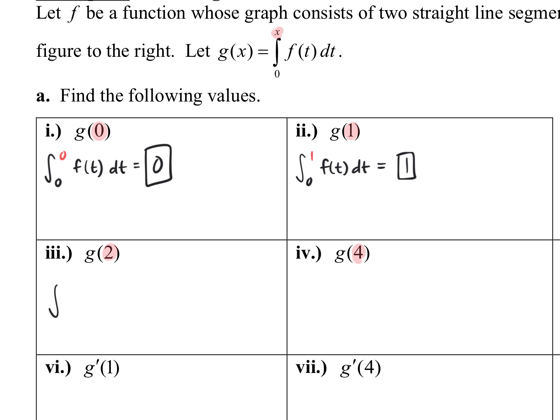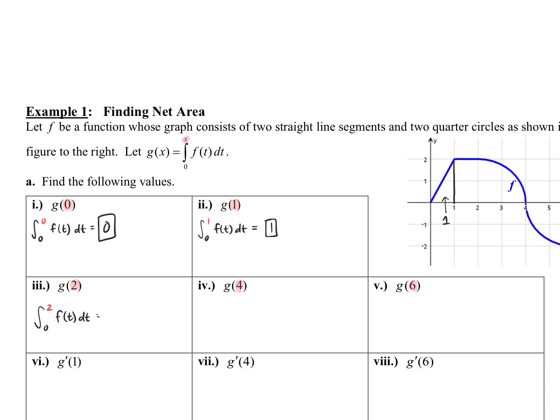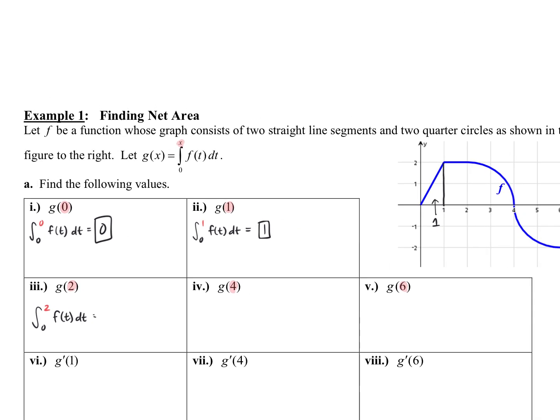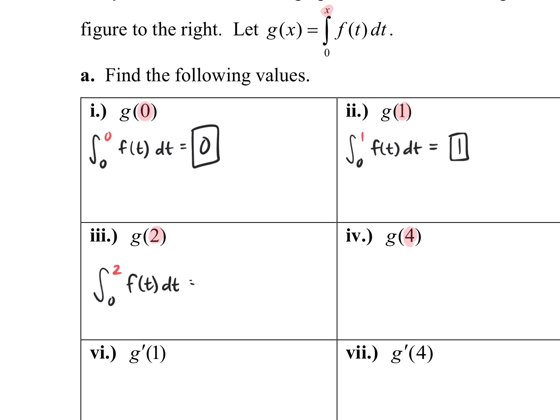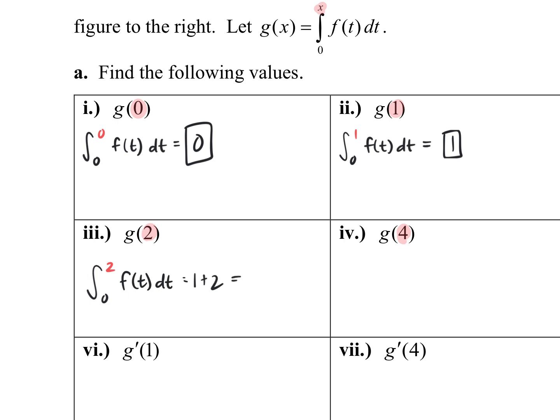Okay, g of 2 goes from 0 to 2 of f of t dt. So if I look at my graph, I'm going all the way to 2. So I'm going to add in this area, which is also 2 in this case. So add those two things together, and I'm going to end up with 3. So your area is 1 plus 2, which gives you 3.